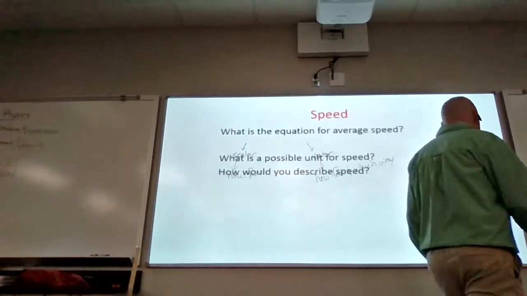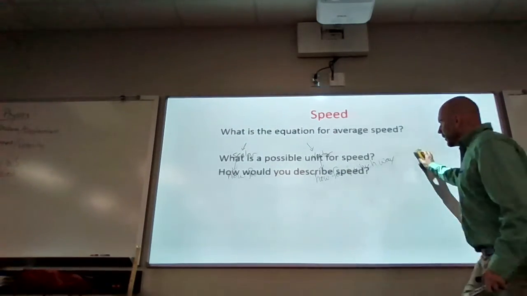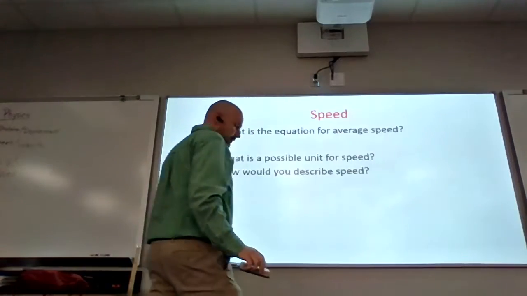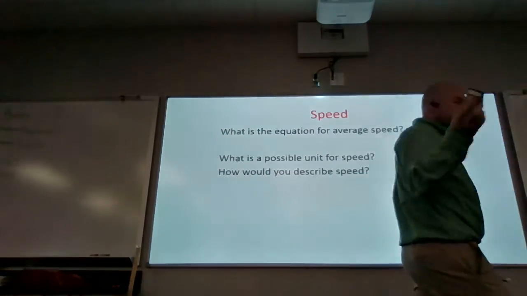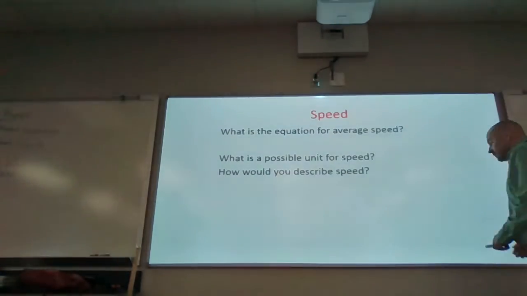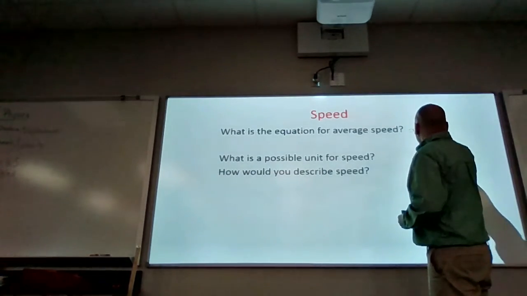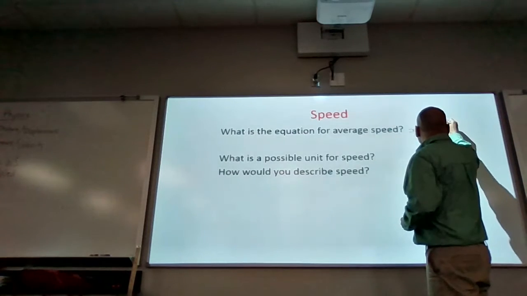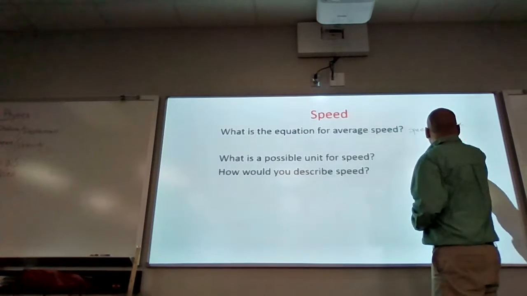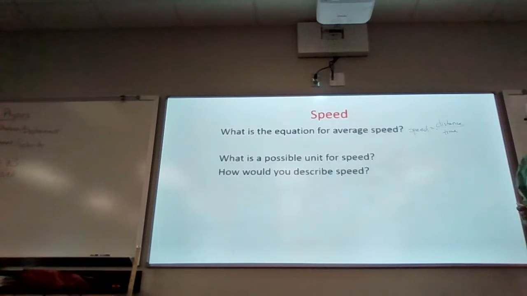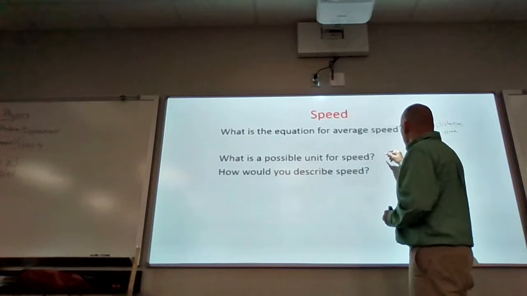All right, in math class, how did you figure out how fast you're going? What's your speed? How do you calculate that? Shout it out. Distance over time. Speed is equal to distance over time. Okay. Possible units for speed, shout them out.